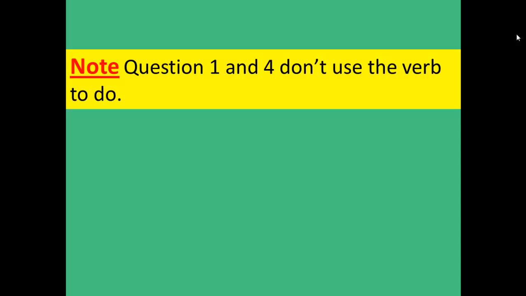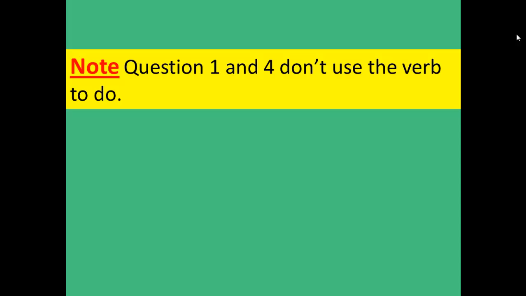Note. In the previous questions, in question number 1 and question number 4, we don't use the verb to do. Why? Because in these two questions we ask about the subject.